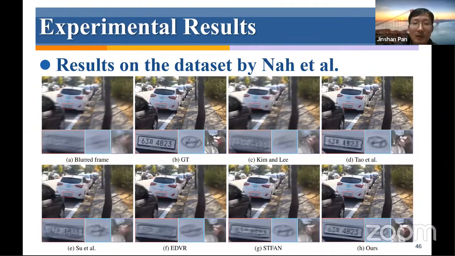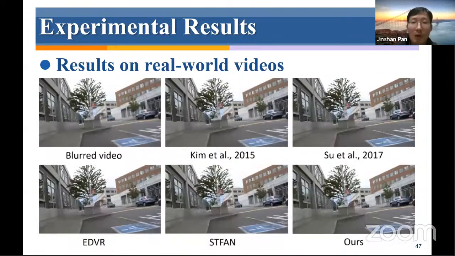And we can see that our method obtains much clearer frames with clearer structures and characters. And we also show the video deblurring results on real captured blurry videos. Our method obtains much clearer videos than the evaluated methods. This is a video deblurring result.